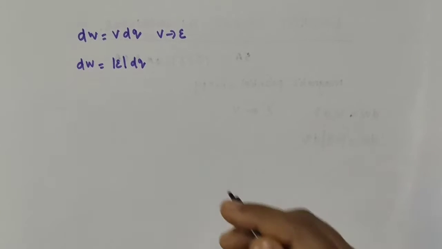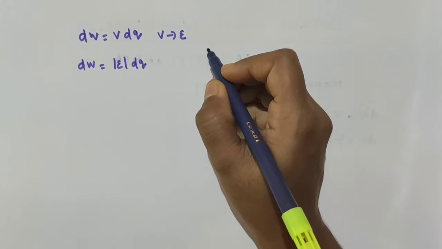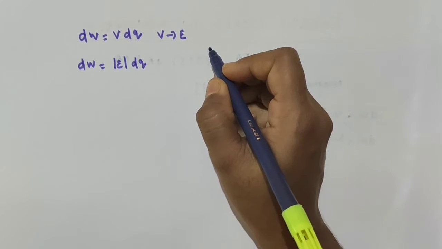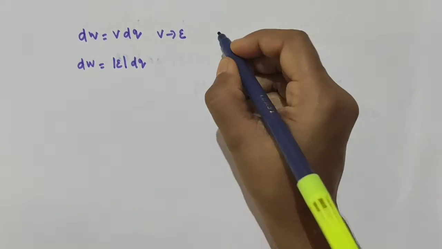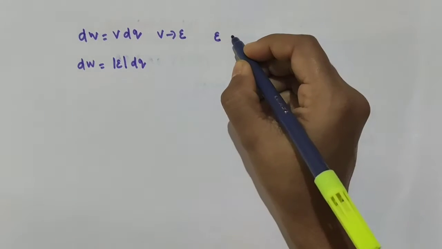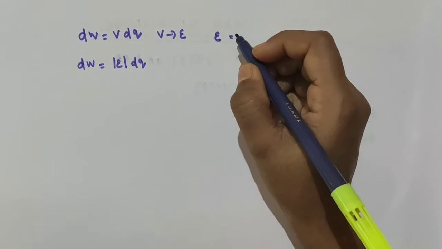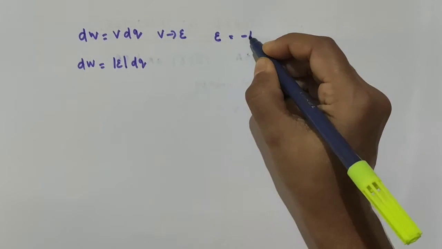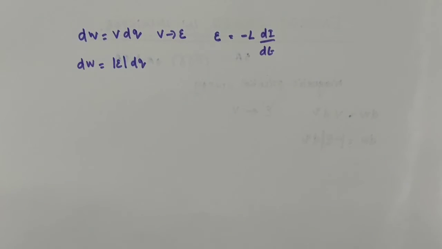What is epsilon? Using Faraday's law of electromagnetic induction, while we discussed self-inductance and mutual inductance, in the case of self-inductance we got this formula: the self-induced EMF or back EMF epsilon is equal to minus L into di by dt, where L is the self-inductance of the coil.